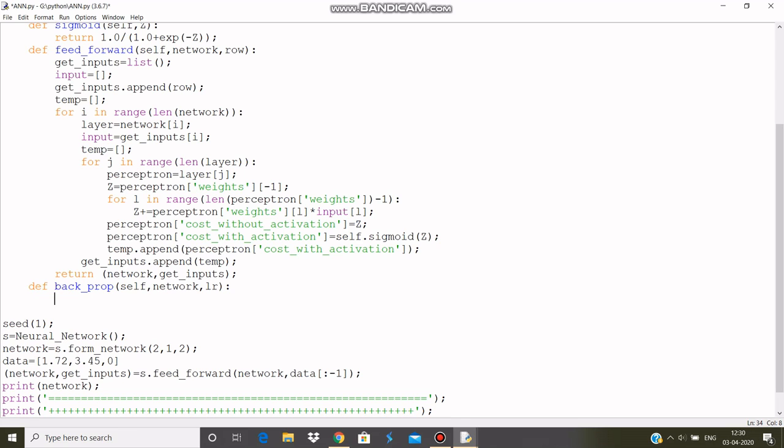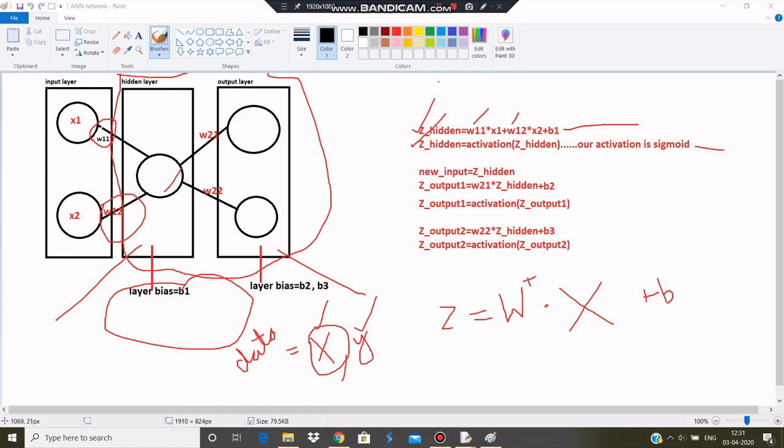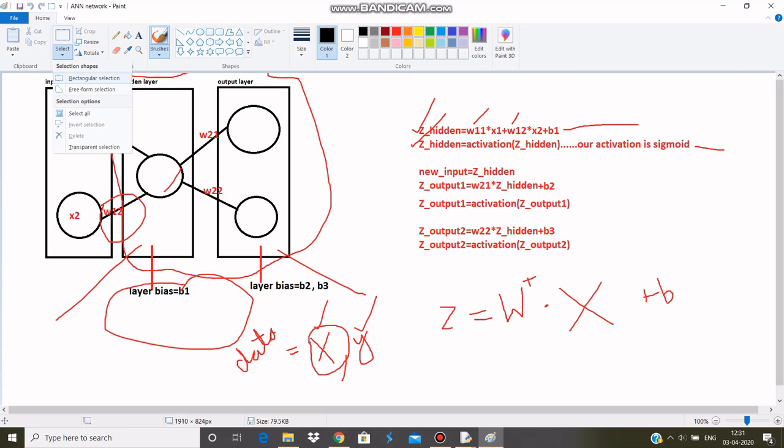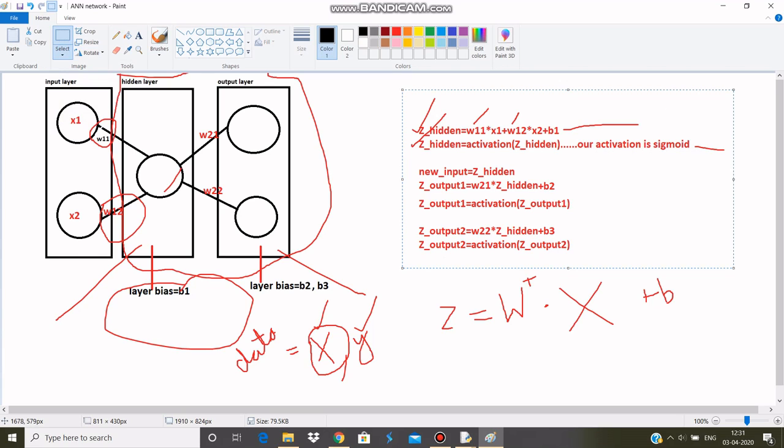So for the backprop portion, let's first learn the equation for how to find the backprop, and then we'll move forward with it. These were the equations of our feed forward network that we used last day.